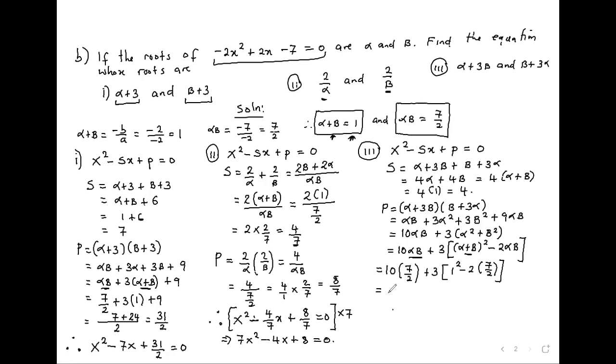2 into 10, 5. So 5 times 7 plus 3, 1. 2 into 2 will remain with 7 there. Then we get 5 times 7, get 35. 1 minus 7, that is negative 6. Negative 6 times 3 is negative 18. 35 minus 18.